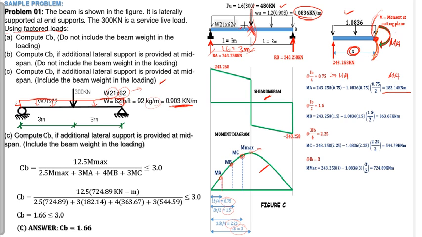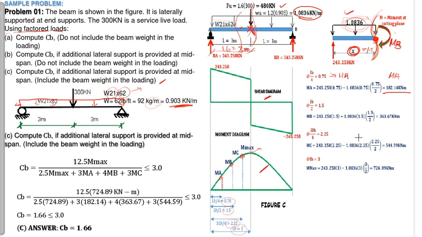Pag nag-cutting plane tayo dito at X is equal to 1.5, ano yung magiging MB natin? So, magmo-moment kayo dito. If our X is 1.5, makukuha natin yung MB. So, mag-moment ulit kayo dito. So, MB is equal to 243.258 times 1.5 minus 1.0836 times 1.5 times 1.5 over 2. Kasi ito is naka-uniform tayo. Okay?